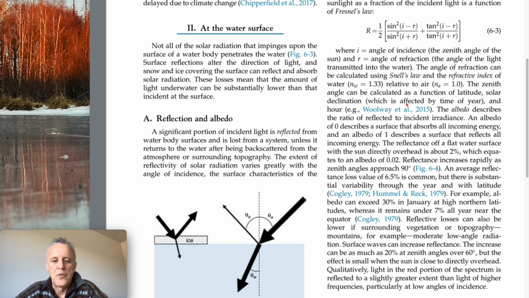The angle of refraction can be calculated using Snell's law, and the refractive index of water, NW, is 1.33, relative to air, which is 1.0.